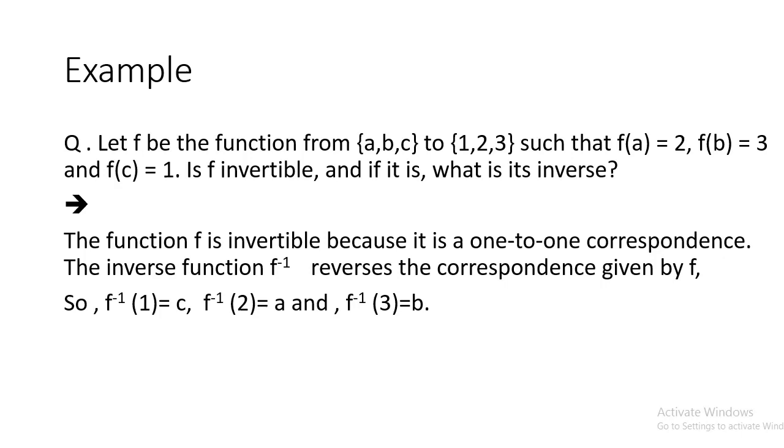This inverse function reverses the correspondence given by f. So f inverse of 1 will be c, f inverse of 2 will be a, and f inverse of 3 will be b. So this is the inverse function.